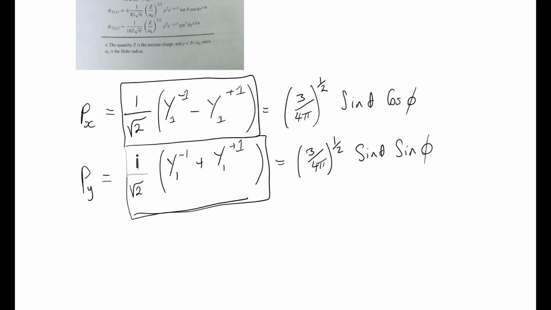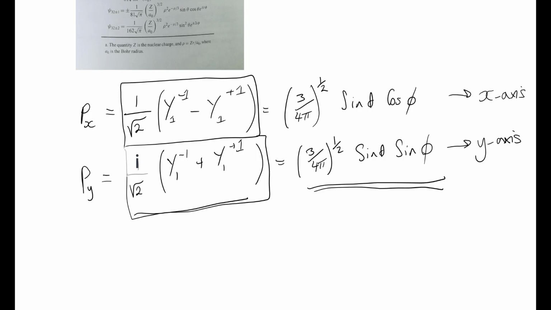By choice we can then replot the linear combinations, and these end up being real, right? There are no imaginary numbers in these expressions, and they have rather convenient directional properties. So again, the p sub x orbital is going to be aligned along the x-axis, and the p sub y orbital is going to be aligned along the y-axis.